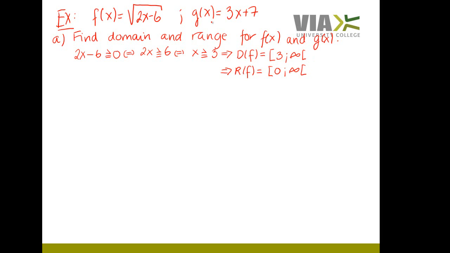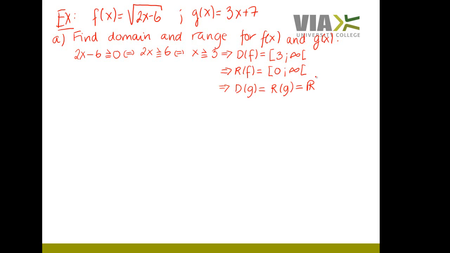We have to do the same thing for the function g, which is much easier actually, because based on the expression we see that we have a linear function. So we can directly conclude that the domain for the function g is equal to the range for the function g, which is equal to all the real numbers.